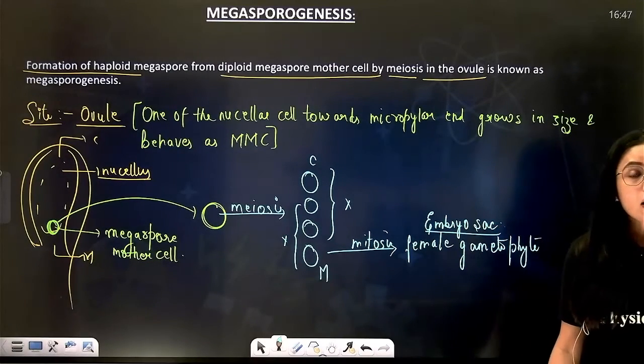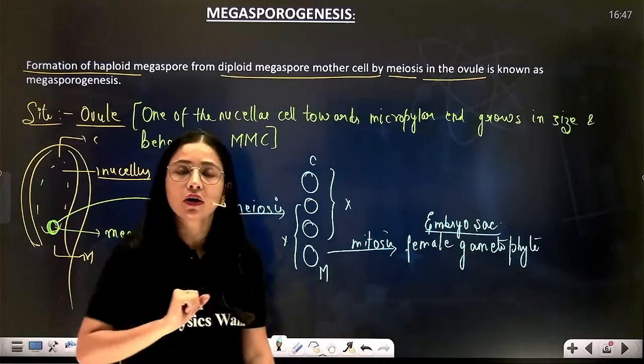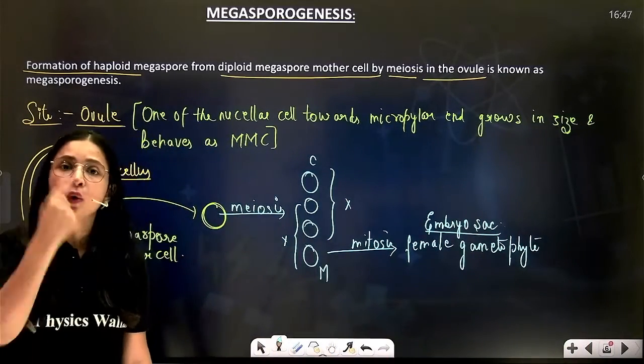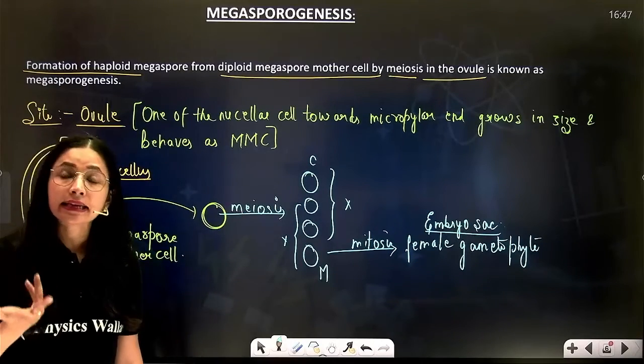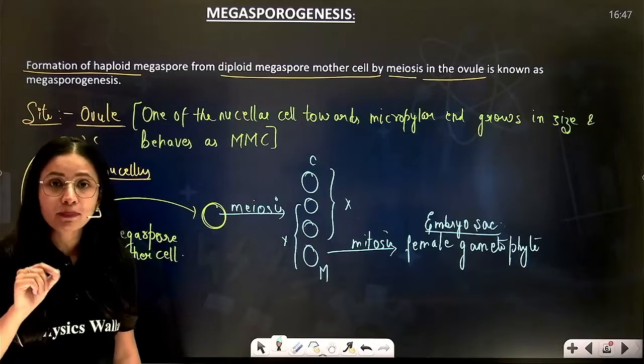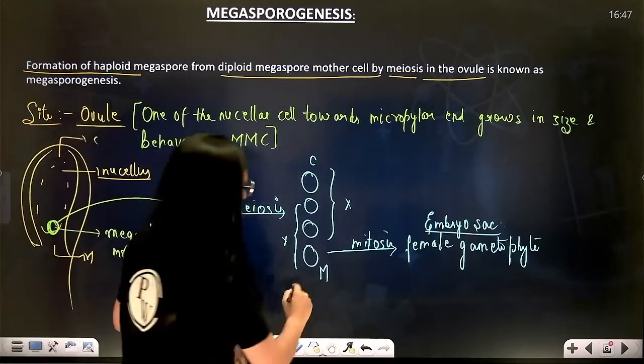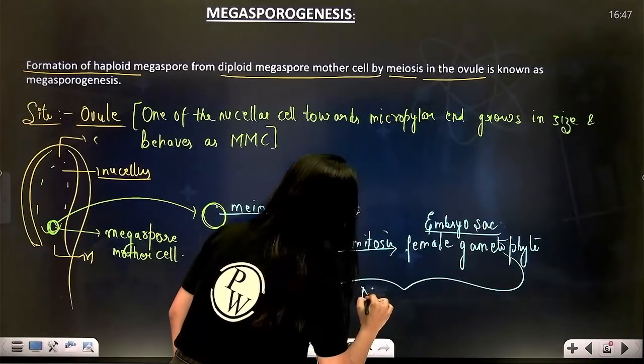Correct? Now, you can see, beta, 4 megaspores are produced after meiosis. However, only 1 is functional, 3 get degenerated. That means this type of embryo sac formation is monosporic. What is this, beta?